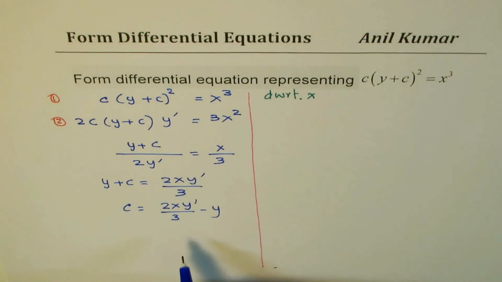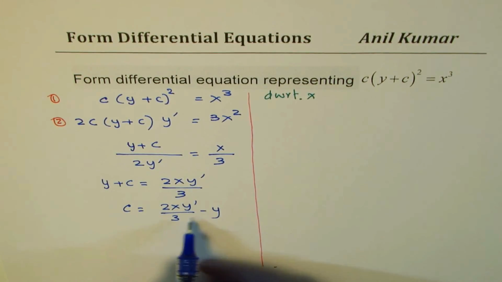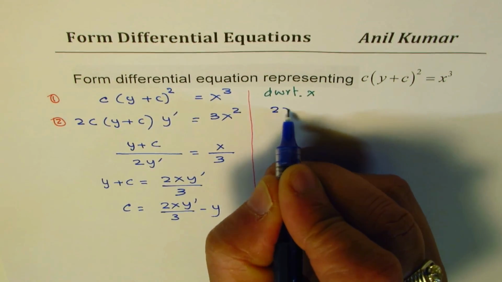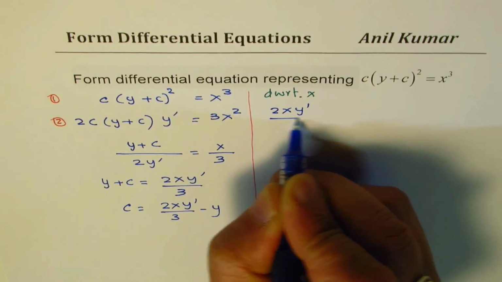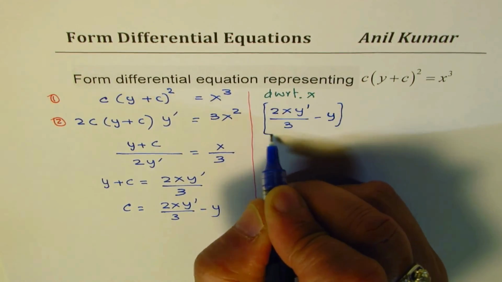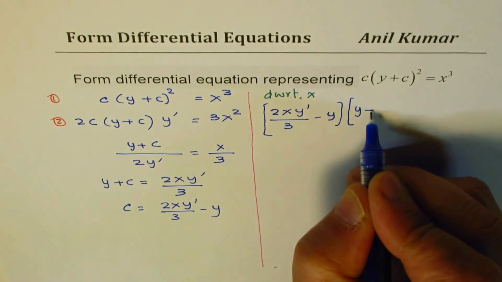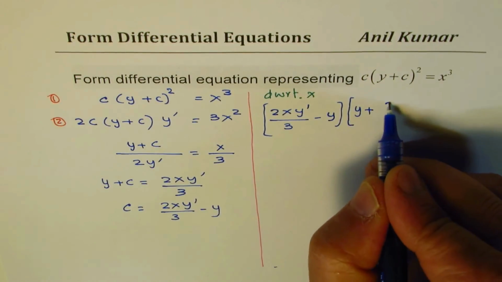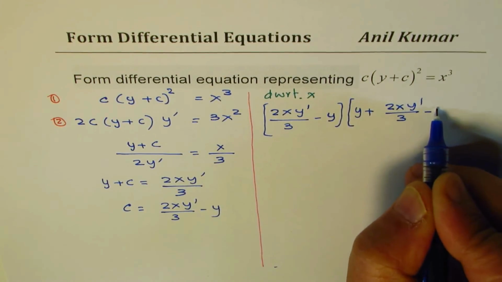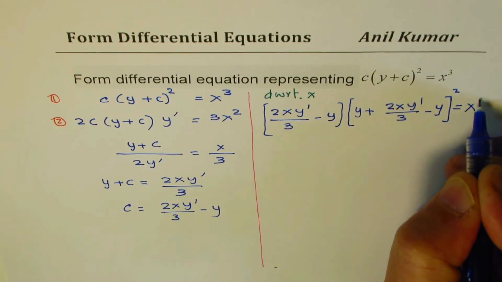So let's put it back here and see what we get. c is 2xy prime over 3 minus y, so we'll write it here first. So we have 2xy prime over 3 minus y. The second term here is y plus c, which is 2xy prime over 3 minus y, whole square, equals x cubed.